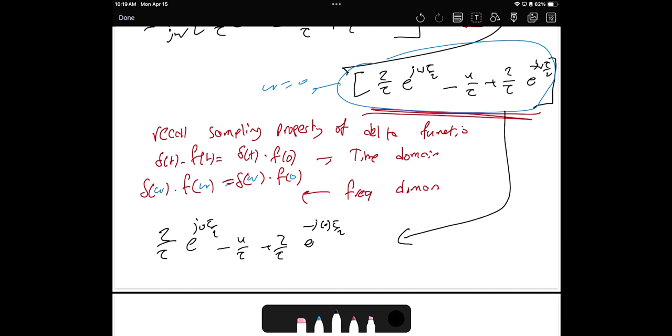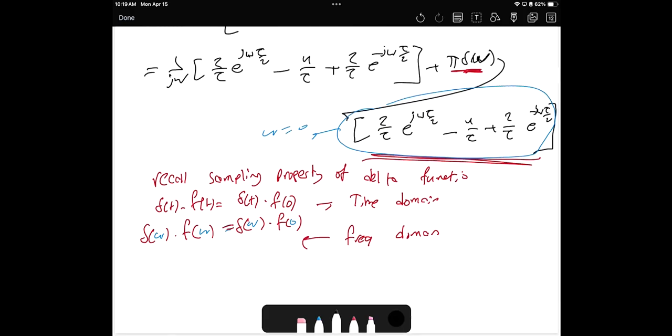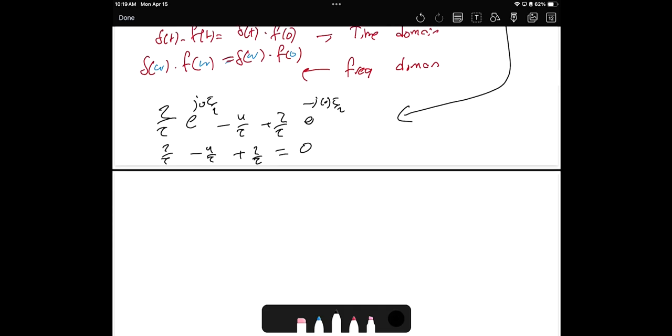e power j 0 will be 1, e power 0 will be 1. So it will be 2 over tau minus 4 over tau plus 2 over tau. Take tau as a common factor. This is 0, because they cancel each other. Then this means I can redraw it.